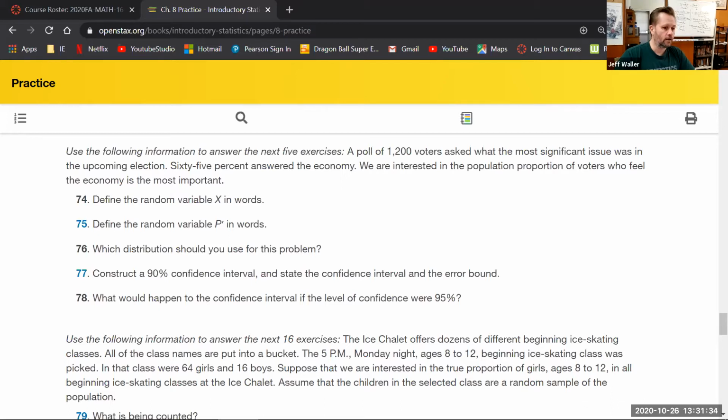You check the P and the Q. They can't be bigger than 1. It's N times P hat and N times Q hat. Does that sound familiar? It's got to be at least what? 5. Does that sound familiar?